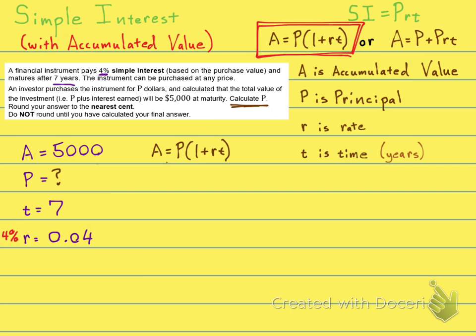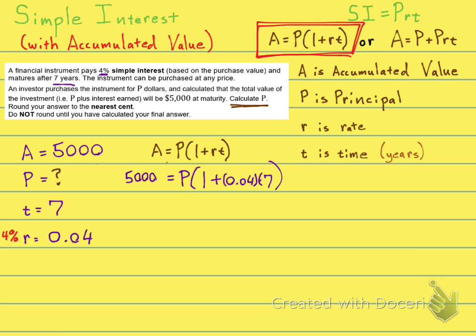So at the end of it all, you're going to look at that account and it's going to be $5,000. Now I'm going to plug all these things into my formula. So the accumulated value is 5,000. P is unknown, I'll leave it as a P. And it's going to be 1 plus rate times time, which is 0.04 times 7.